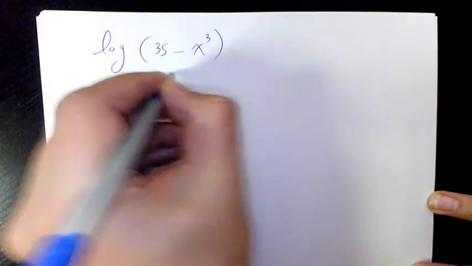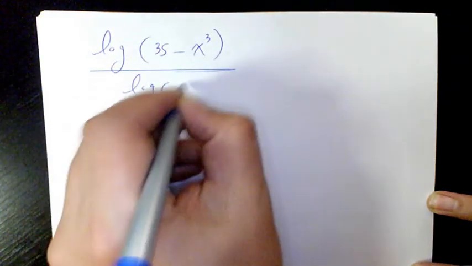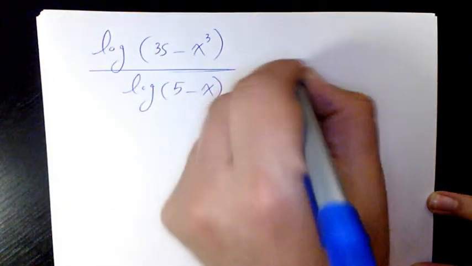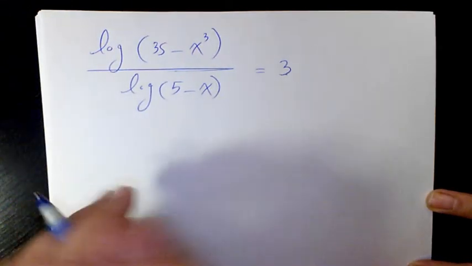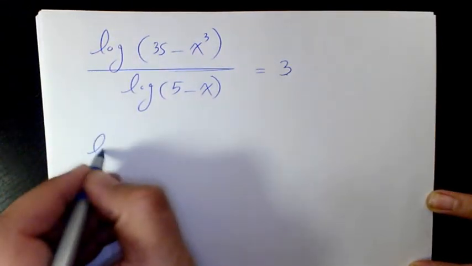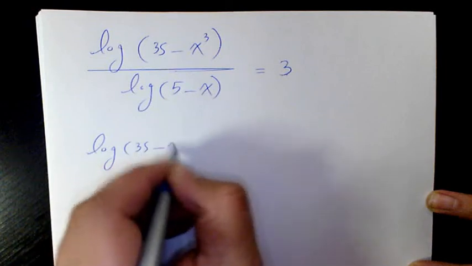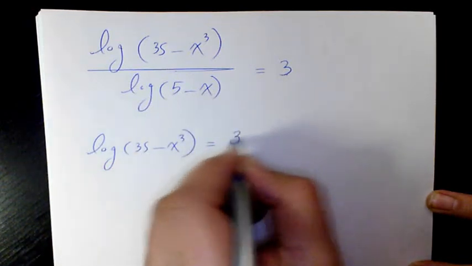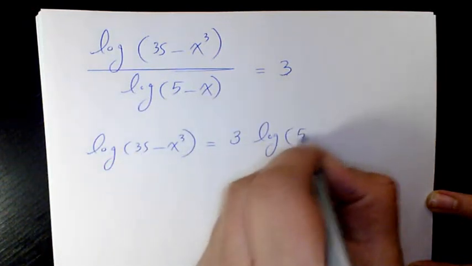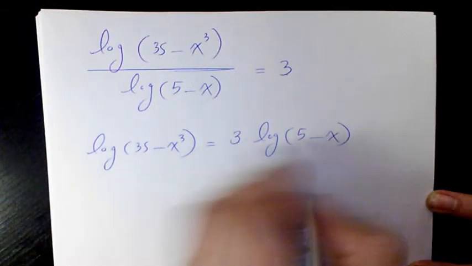Next one. Log of 35 subtract x cubed over log of 5 subtract x equals 3. I can say log of 35 minus x cubed equals 3 times log of 5 minus x.